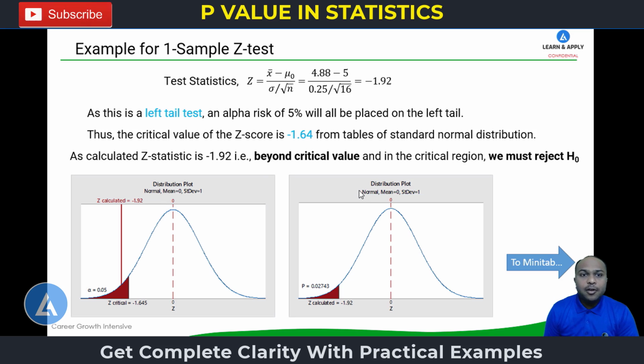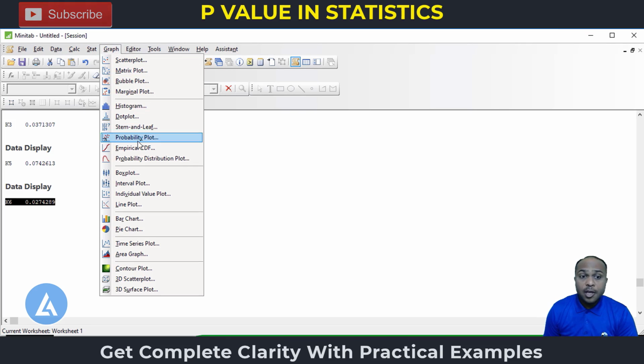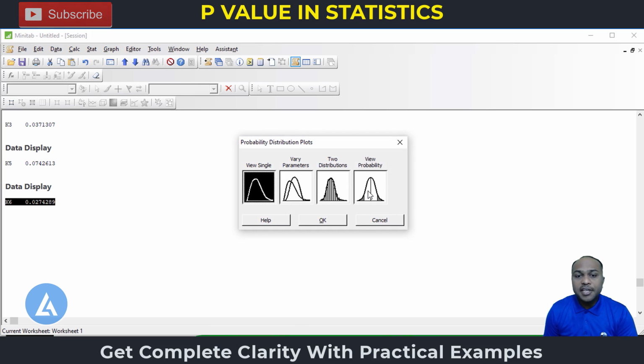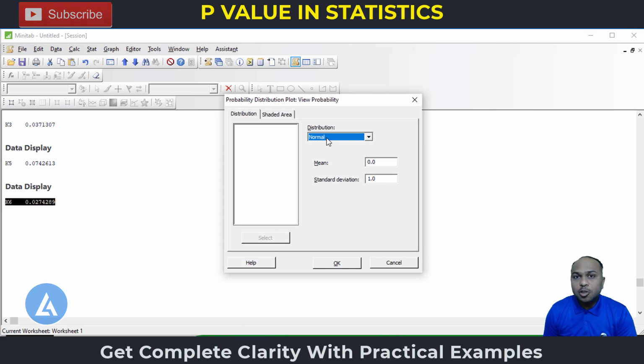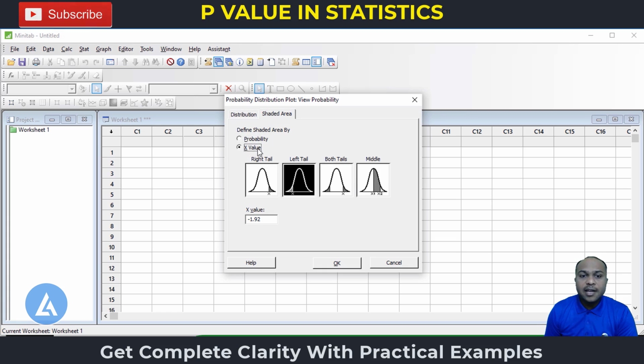There is another simple way to calculate in Minitab, where we can directly use the distribution plot option. So we can go to Graph, Probability Distribution Plot. Then we can select the probability option, click OK. Then we select the distribution we are looking for. It's a normal distribution. We put the mean as 0 and standard deviation as 1, because this is for the standard normal distribution. Go to the shaded area and insert the value of the test statistic calculated from the data, so that we can calculate the p-value.